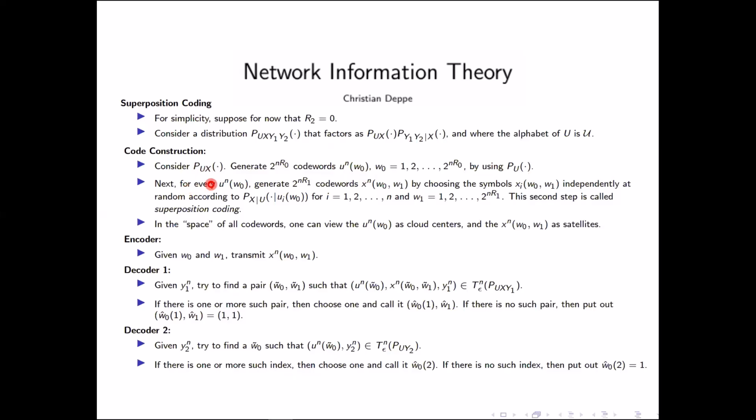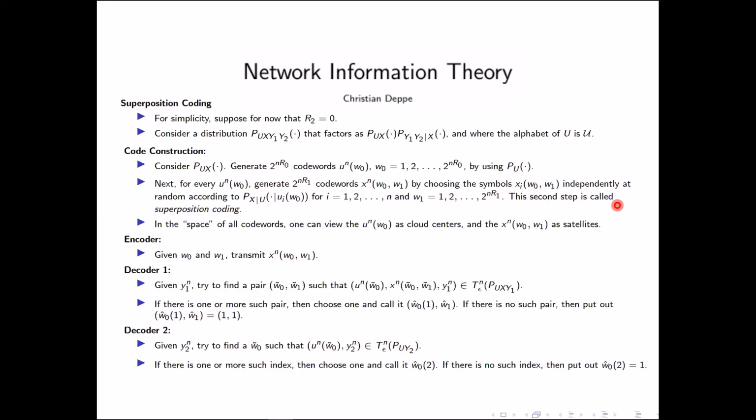Next, for every codeword of a common message, we generate 2^(nR1) codewords x^n(w0,w1) by choosing the symbols x_i(w0,w1) independently at random according to the distribution p_X conditioned on u.